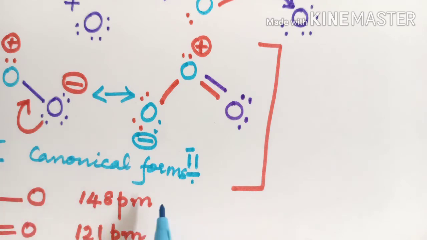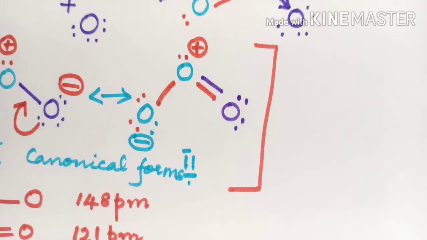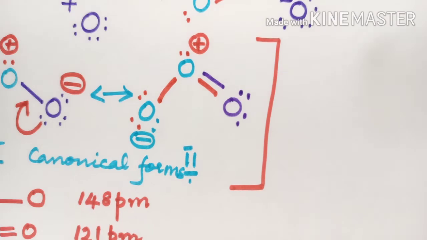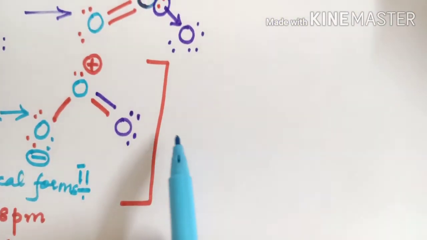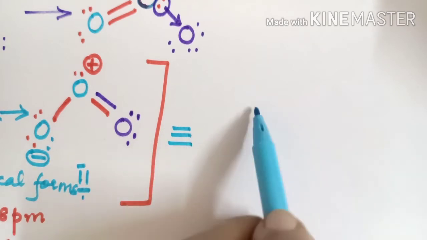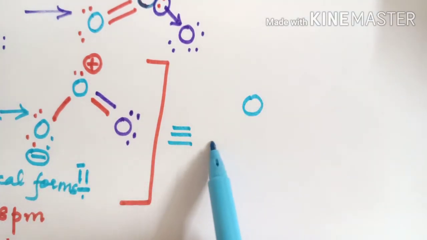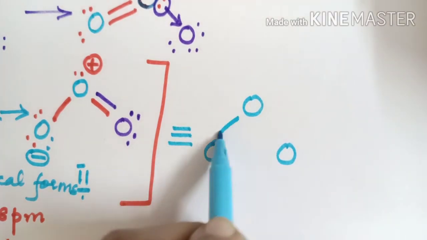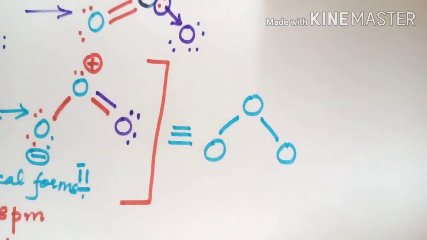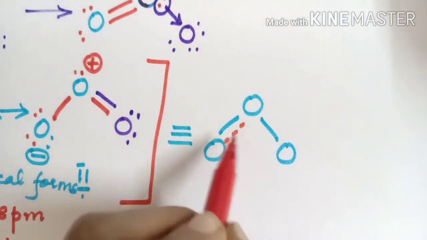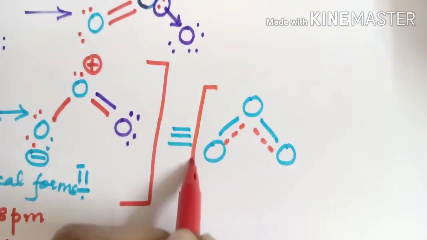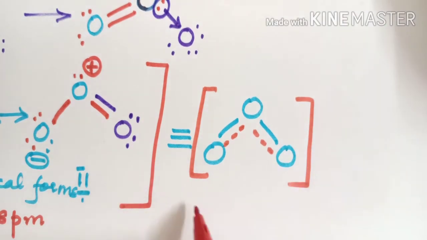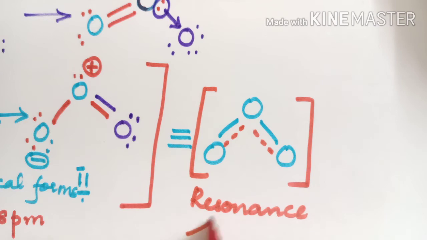So two different resonating structures will contribute to the actual structure of ozone, and in ozone there are only three oxygen atoms which are arranged angularly, and this has a partial double bond character. So this structure we call a resonance hybrid.